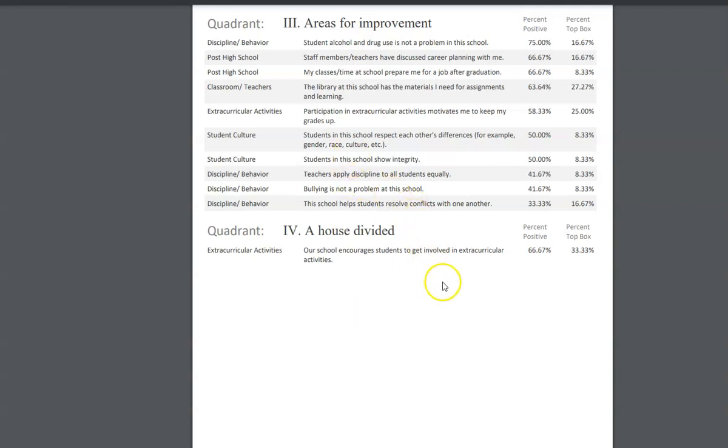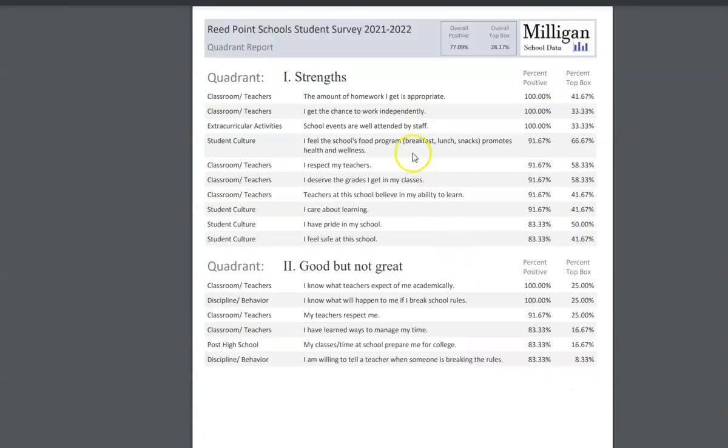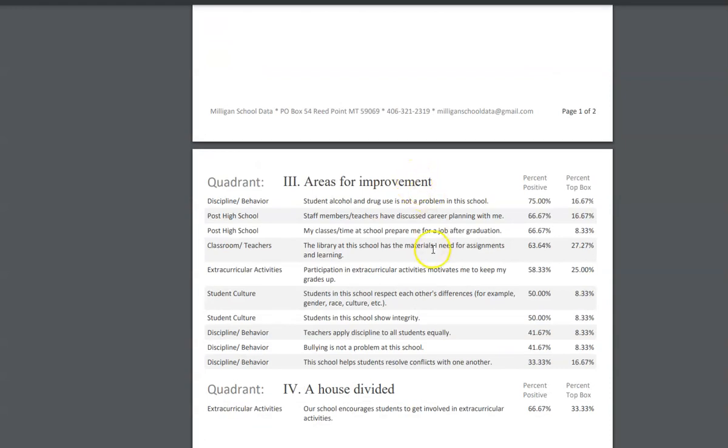As you're looking at this data here and creating your action plans, one thing I do want to say is that this data is based only on your survey. And so it takes the results of your survey as a whole and splits it into these 4 quadrants. So there will always be questions that land in your strengths. There will always be questions that land in your areas for improvement.